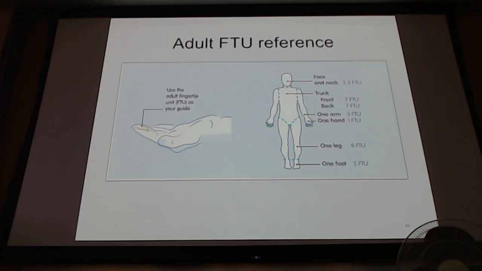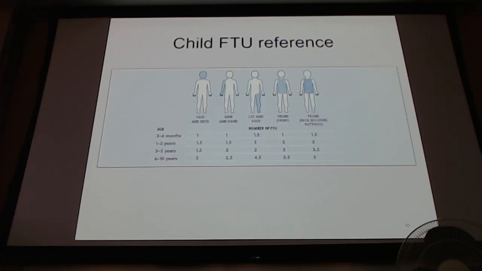That is for adult FTU reference. Child, of course, that depends on its age. Okay, their size. It's not going to be the exact same thing. I'm not going to treat a 12-year-old the same amount as an infant, right? It's not the same. So that just breaks it down.